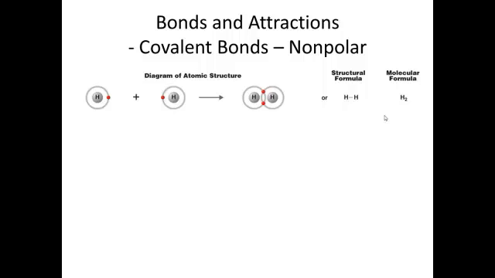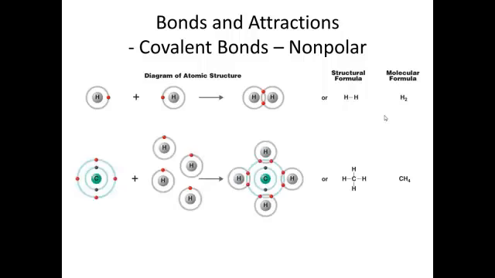Let's look at when we are combining atoms that are different. For example, carbon has an atomic number of 6. So we have a full electron orbital around the inside, and we've got 4 on the outside. Now, carbon would like to have 4 more. It's big enough that it's not going to give up those 4 electrons, but it really can't take 4 electrons from another atom.